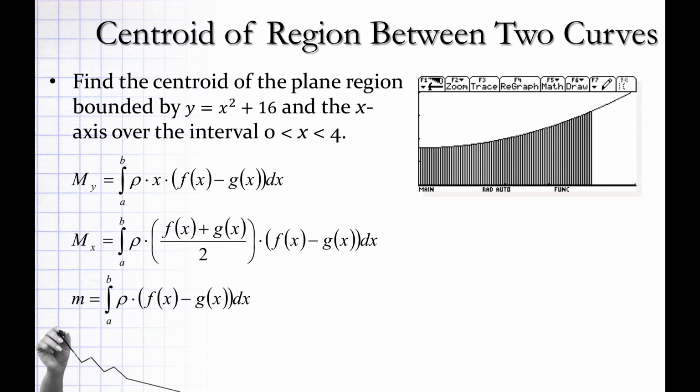What's our moment about y? 192. Okay, I think I got the second. What do you have for that one? 155.73. Make that a nice fraction for me. I don't know if there is a fraction for that. It's 14,336 over 15.